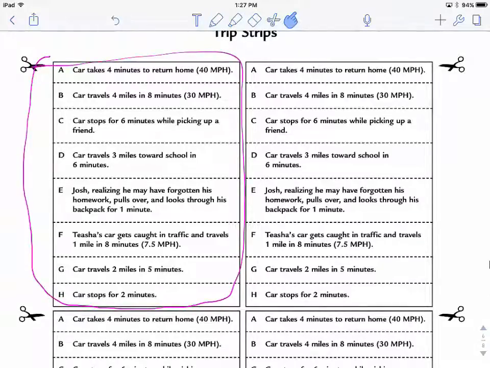Okay, so this one's going to be a little more tricky because you're going to have to look for minutes, and you're also going to have to look for miles. So the car goes a total of 4 miles, and it takes 8 minutes to do it.